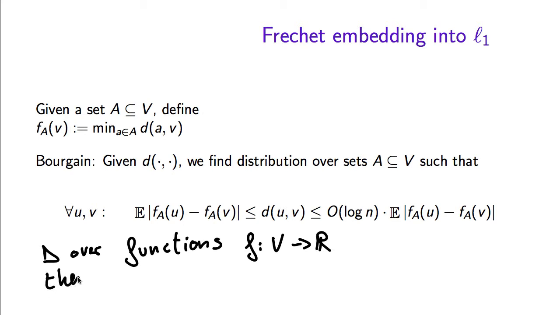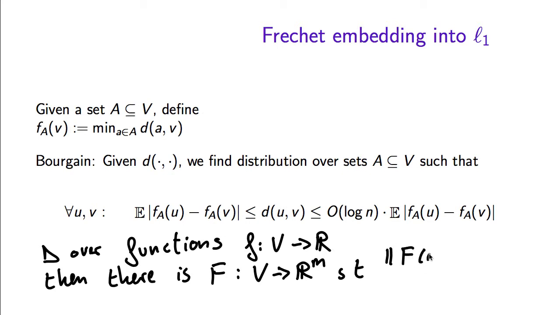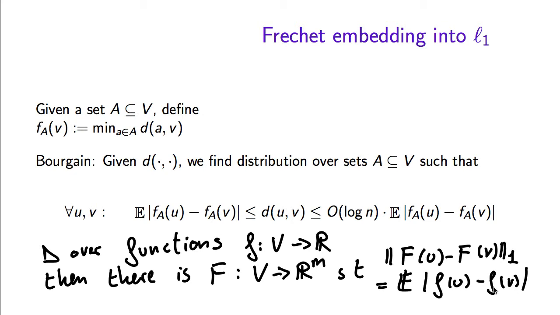Then there is a deterministic mapping of vertices into vectors such that the L1 distance according to this deterministic mapping is precisely equal to the expectation of the difference between fu and fv, where this expectation is taken over random choices of a function f from the distribution D. And this is very easy to prove.